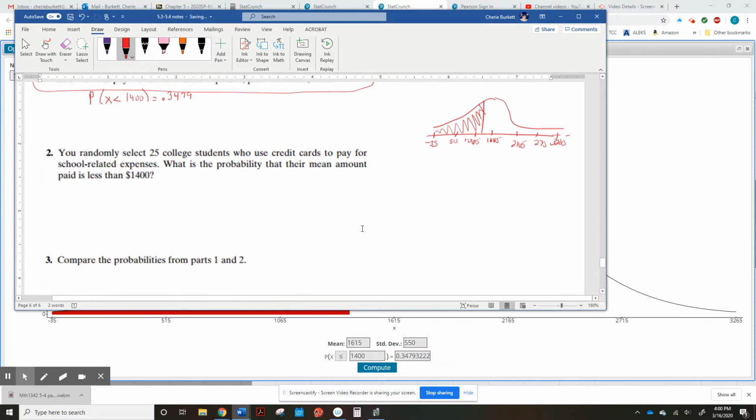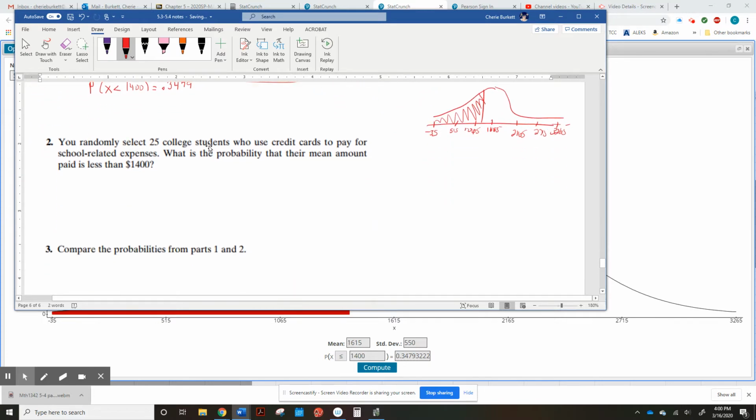Now let's move on down, and it says you've randomly selected 25 students. What have we just done? We have created a sample. Okay, so we now have a sample. N is equal to 25. Is that big enough?